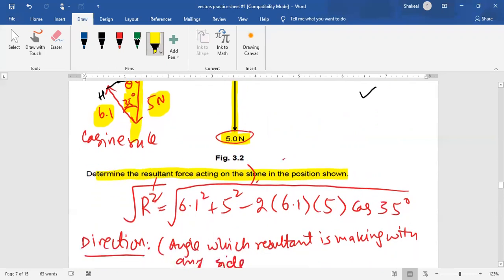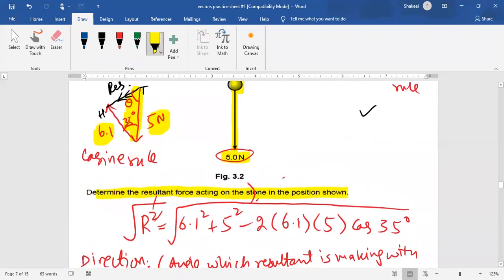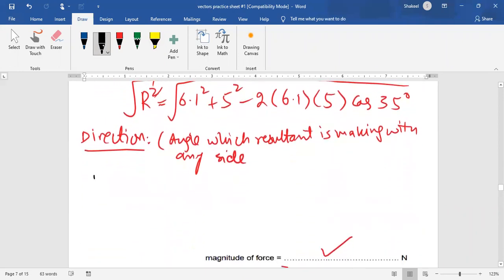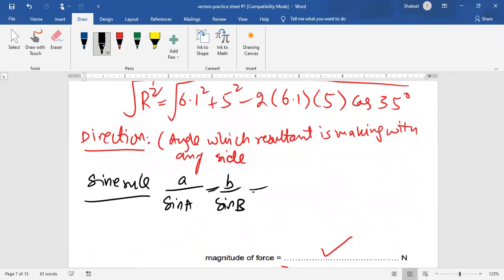Okay, so now for the angle, we know that we have all the three sides and we have one angle already, angle 35, so we can use the sine rule. So for direction, you will be using the sine rule. The sine rule says a over sin A equals b over sin B, right?